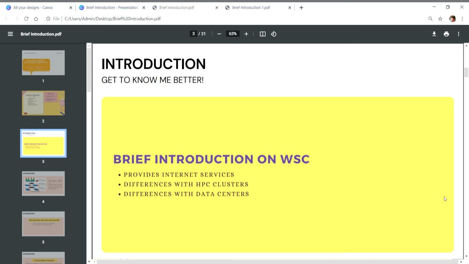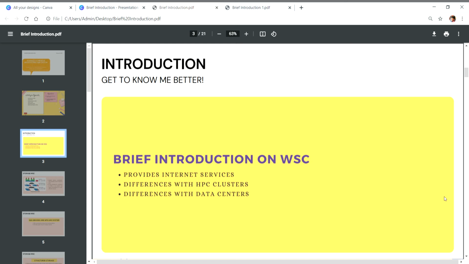The third point is a data center, where a data center unites different machines and software into one location. Data center and WSC are quite similar but differ in very small details. Data centers emphasize virtual machines and hardware in order to serve various kinds of customers.